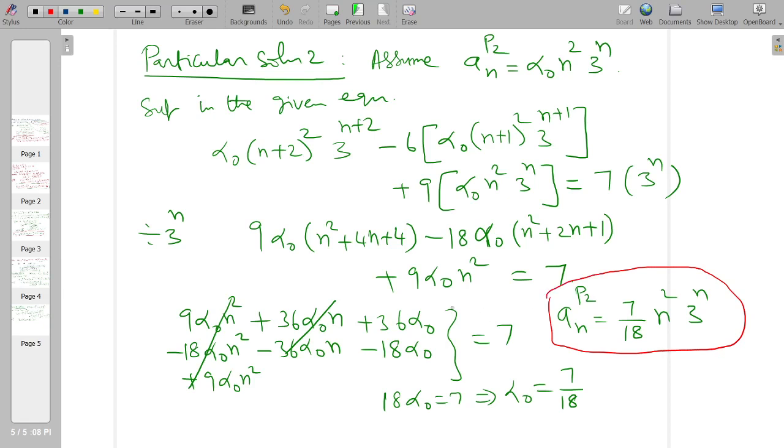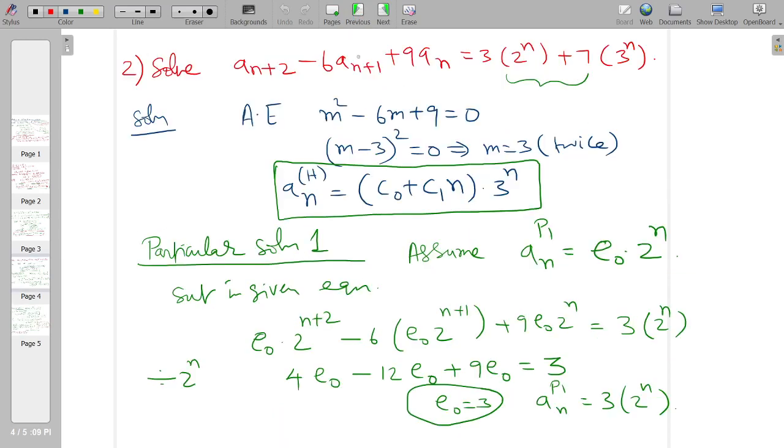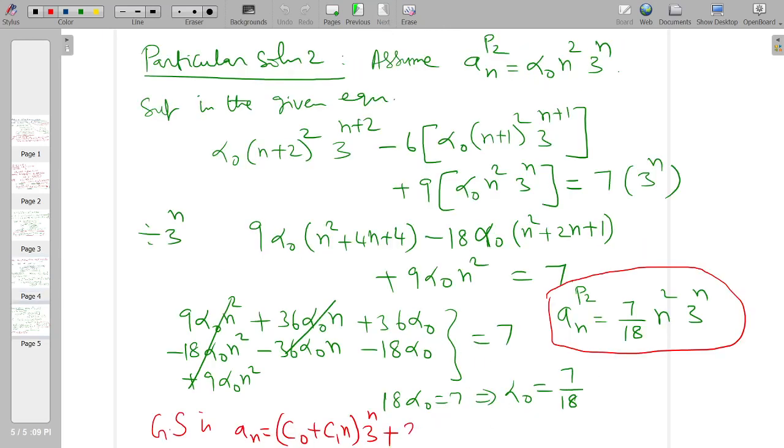particular solution. So now when I combine these two, the general solution is a_n equal to C naught plus C1 n into 3 power n, which is the homogeneous form solution, plus a_n^(p1), 3 into 2 power n, plus 7 by 18 n squared into 3 power n.